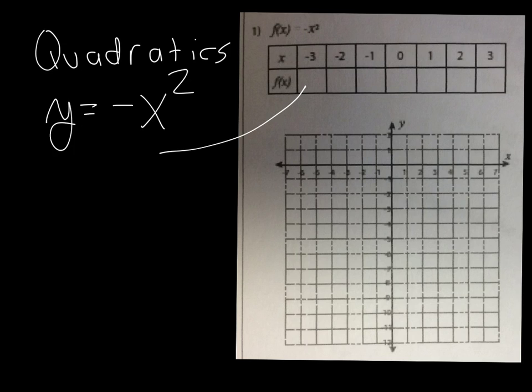With this whole f of x, it means if I take some number for x, negative 3, and put it in for x, what is my new value going to be? That is, y equals negative 3 squared. The negative in front happens after I square it.